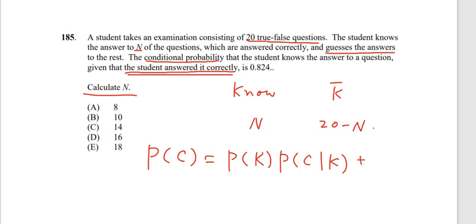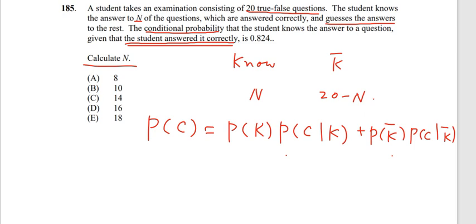Plus, if he doesn't know, then under this condition, he doesn't know the answer but he can still answer correctly. So for answering correctly, there's a total condition. We have two parts, right? This part is know the answer. This part is don't know the answer. So the question is, this conditional probability.